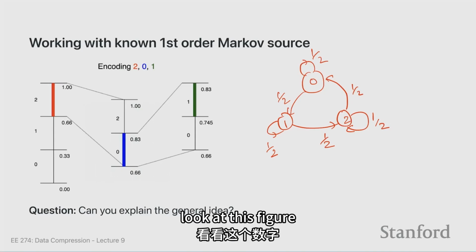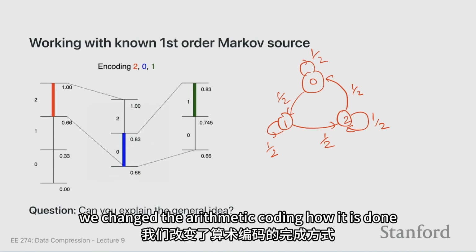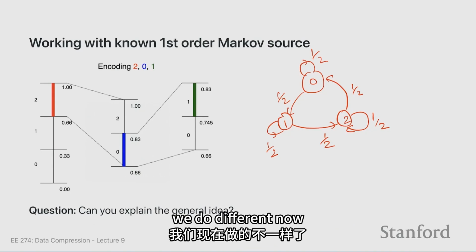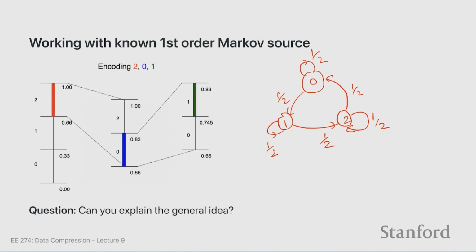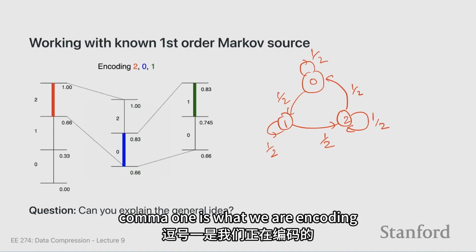Look at this figure. We changed something in the previous slide. We changed how the arithmetic coding is done. I will wait and ask you to tell me what we did differently now. So we are encoding 2, 0, 1.